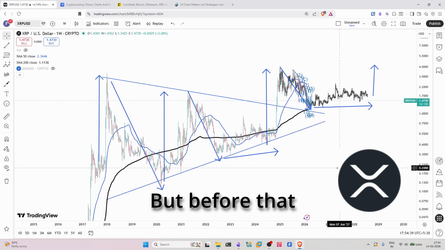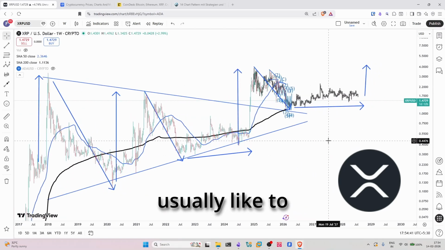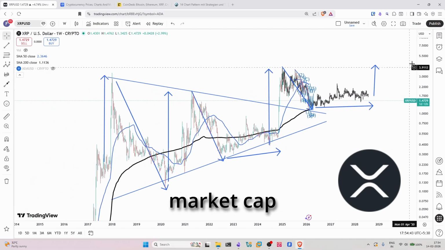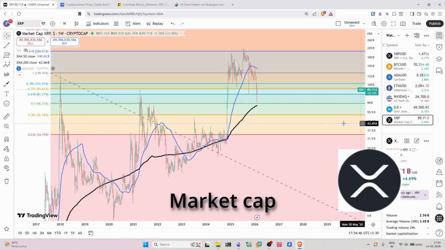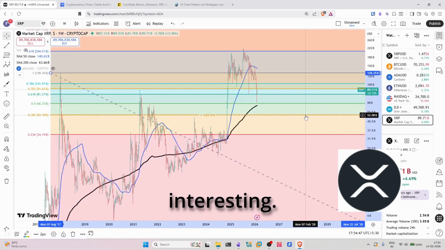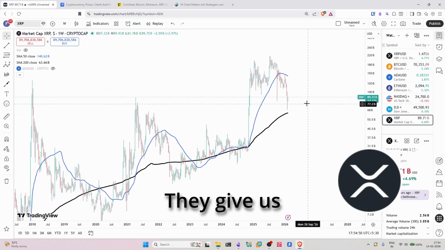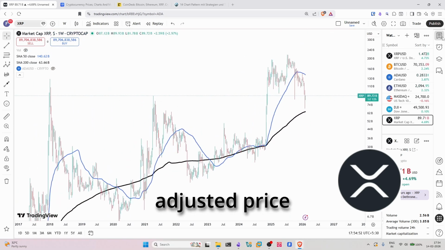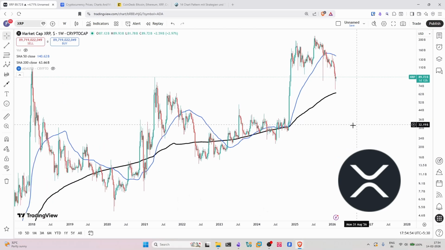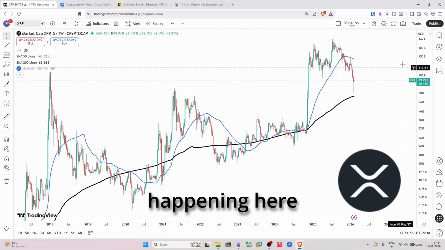But before that, for price targets, I usually like to follow the market cap charts. Market cap charts are pretty interesting. They give us inflation-adjusted price targets.